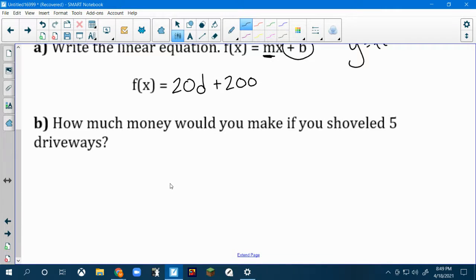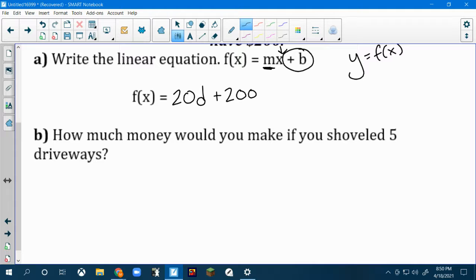How much money would you make if you shoveled 5 driveways? So if d is driveways, we know d is 5. So we're just going to substitute f of 5. That's our x value, our d value in this case. We're going to change f of x to f of d. And we know that is 20 times 5 driveways, since 5 is d, plus 200.